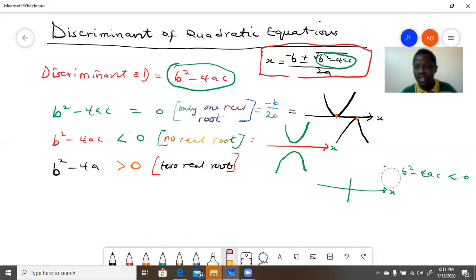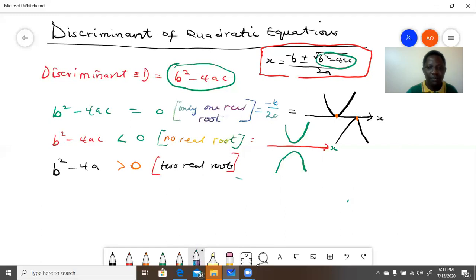So let's go to the third one, when the graph touches the x-axis at 2 points. We have b squared minus 4ac greater than 0, and we say we are going to have two real roots. How does the graph look? This is our x-axis.